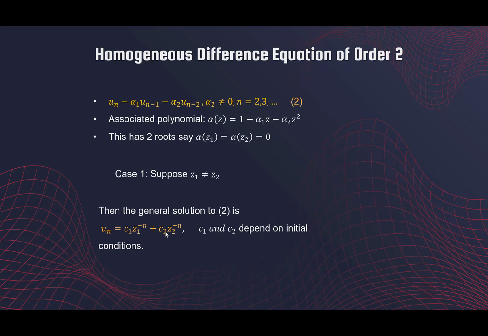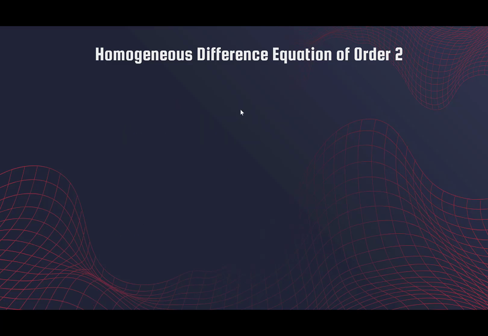Again, we will go ahead and verify that this is in fact the solution of this equation 2. So this is the difference equation. This is the solution. What I'm going to do is plug this into un and verify if we end up with a 0.